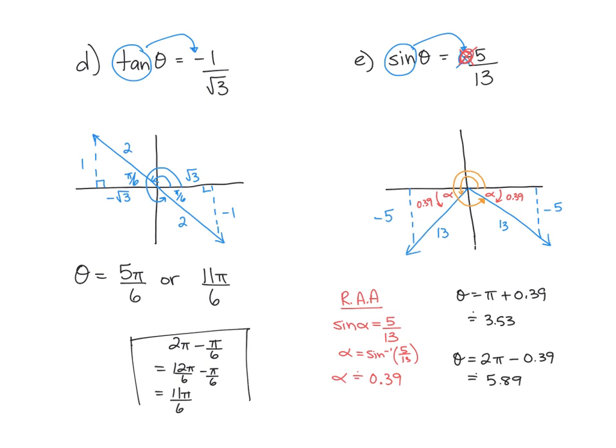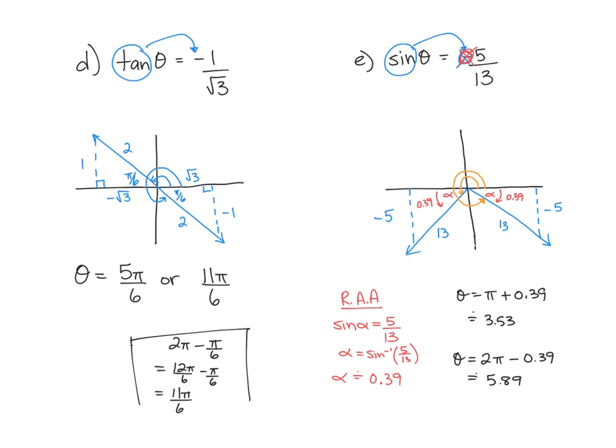And again, the original question asked us to find the values of theta between 0 and 2 pi, which we described in words as find your values of theta that belong in your first positive rotation.